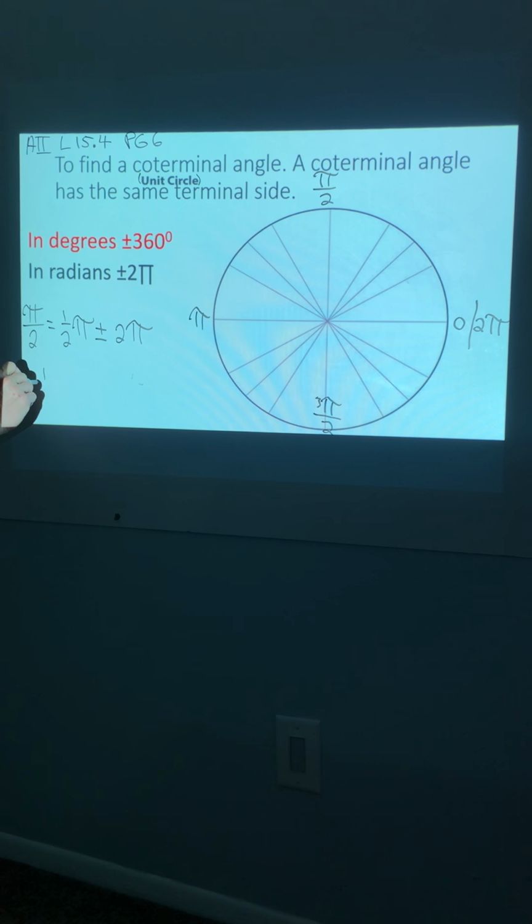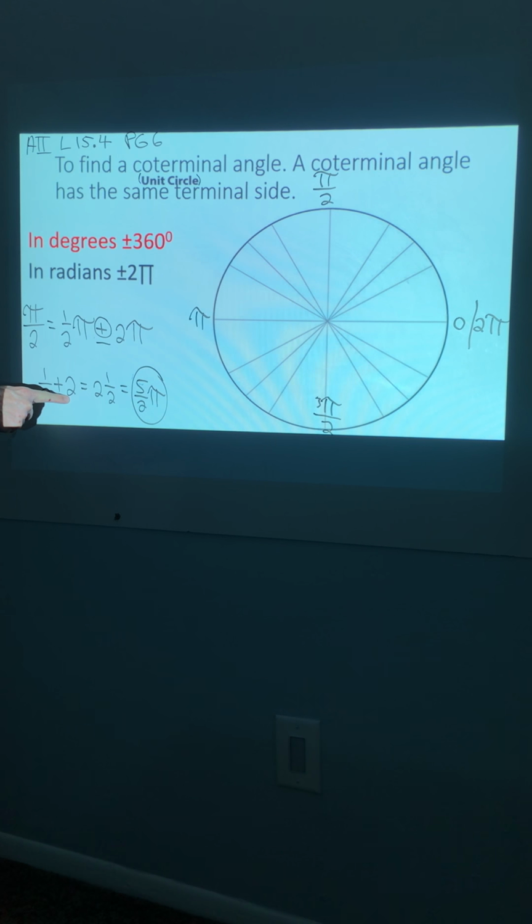I would go 1/2 plus 2, which equals 2 1/2. Remember, 2 times 2 is 4, 4 plus 1, so this is going to be 5/2 pi. That's for the addition.